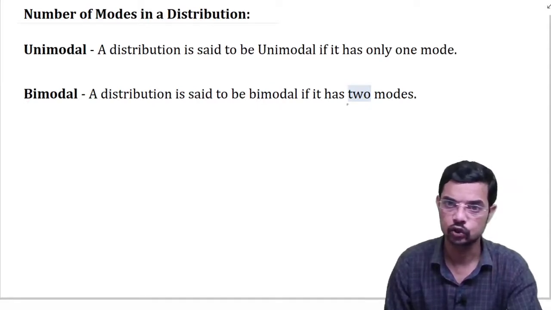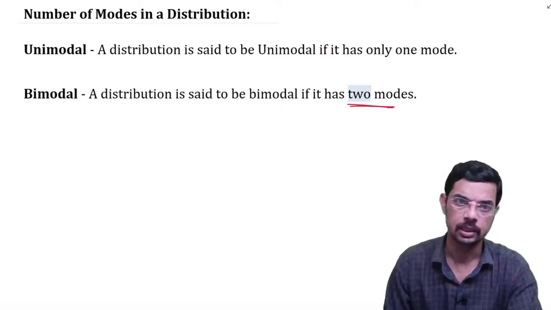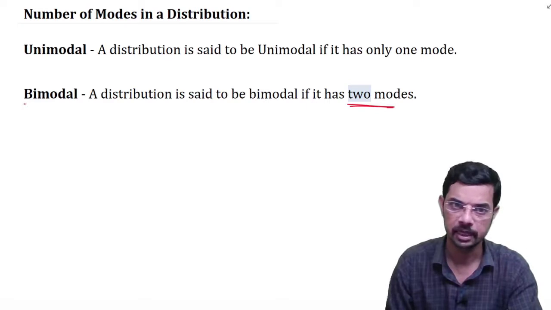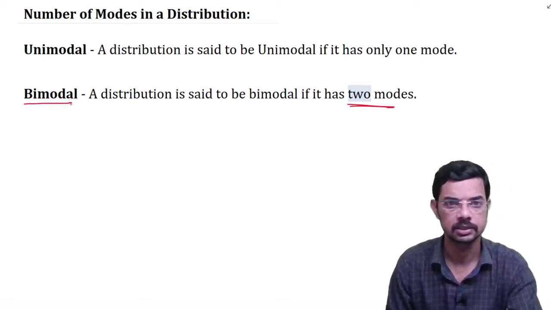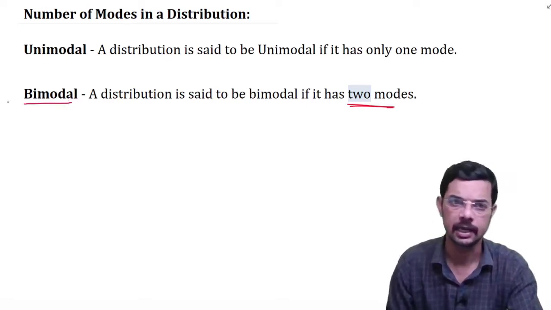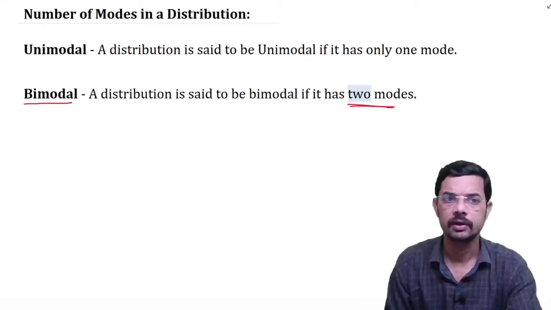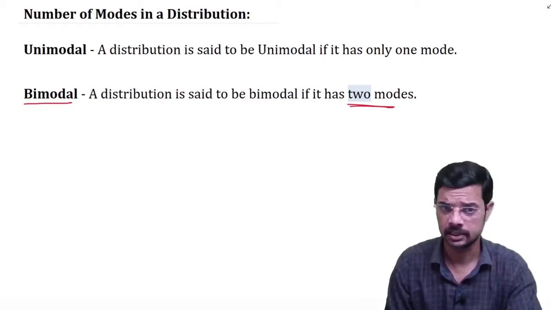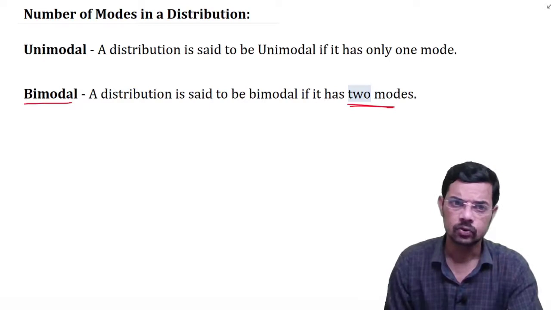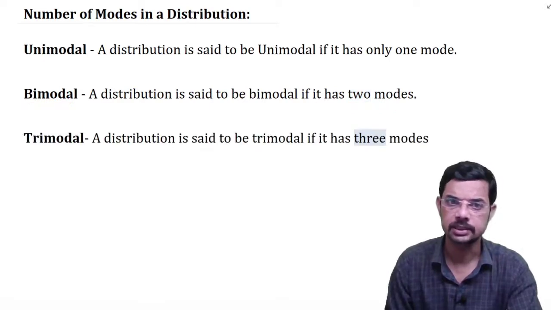If it has two modes, it is known as a bimodal frequency distribution or bimodal data. Now, if the given data has three modes, we say that it is trimodal.